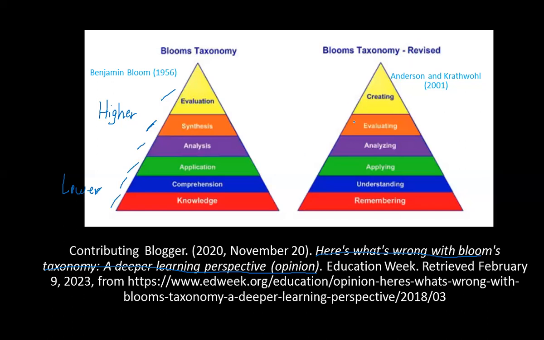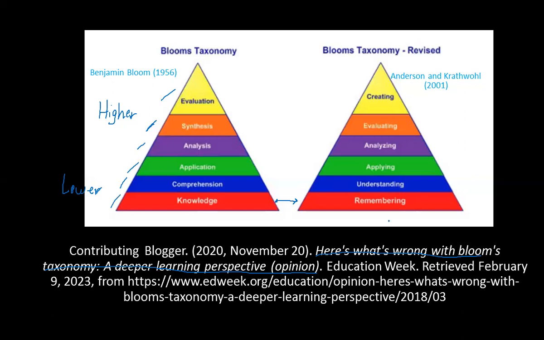So, the revised Bloom's taxonomy. This has been revised by Anderson and Krathwohl in 2001. So ito, ang revised version, they are almost the same. Meron na nga lang slight difference. Una is yung wording. Kung mapapansin nyo, if you're going to look at the right, they are not nouns. Parang action verb or action word siya. Kunwari, knowledge, naging remembering.